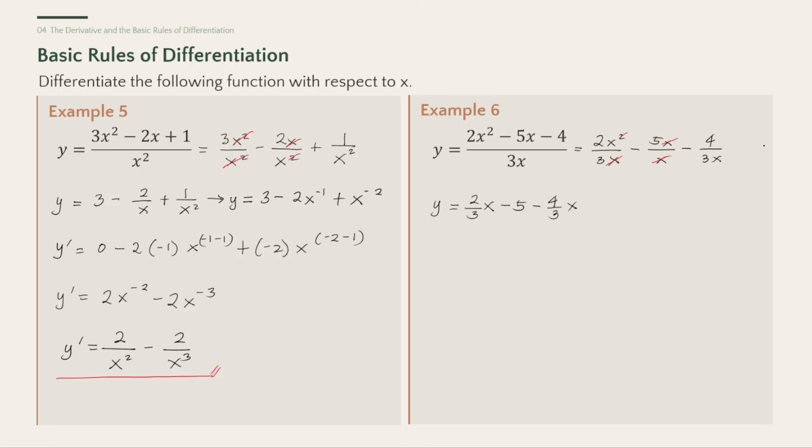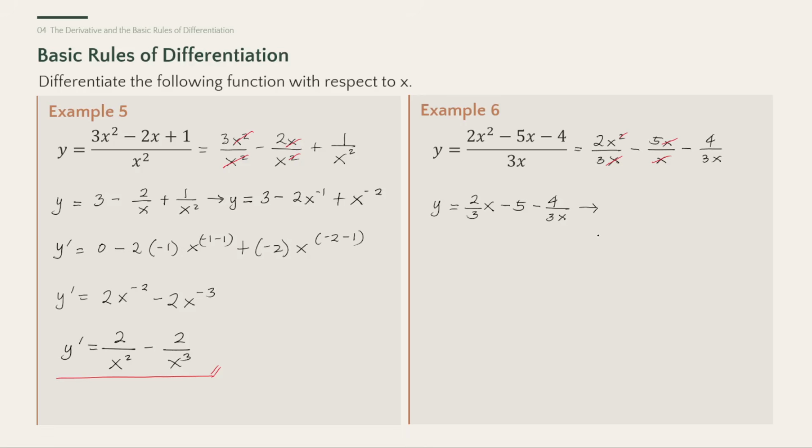So you can notice here, I separated 4 over 3x, where x should be on the denominator. And as you can notice, I already separated the constants on the first term, the 2/3. So that when we apply the power rule, and actually, we don't need to apply the power rule here. It's just x. The derivative of x is just 1. Now, the third term, we have a problem.